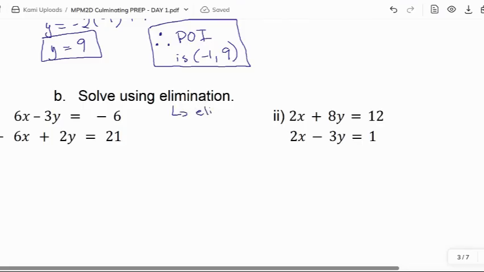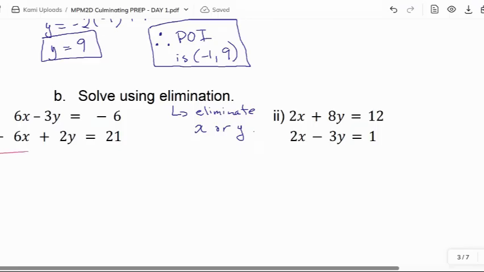I want to eliminate X or Y. Because currently I have equations that have 2 unknowns and I know I can't do anything about that. So I need to get rid of one of them so that I can have one equation with one unknown.